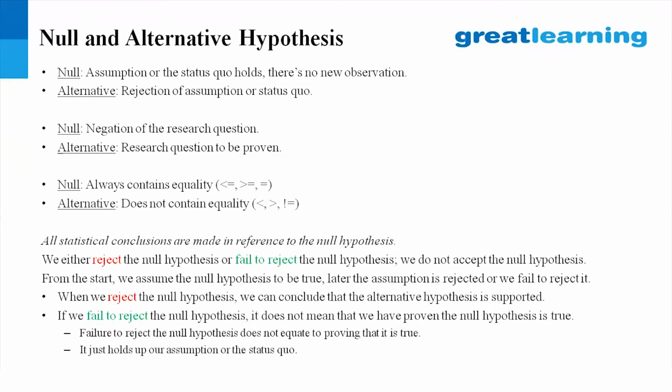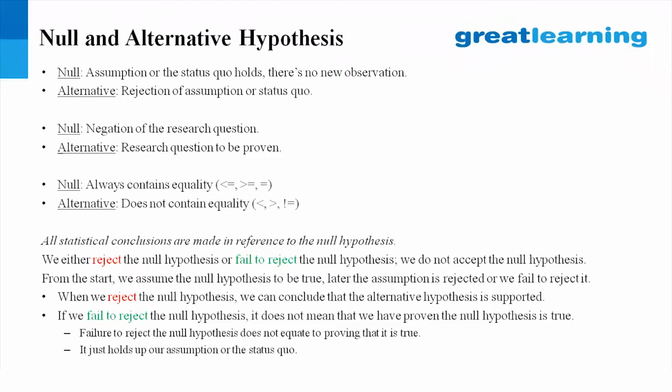And why do we say that we fail to reject the null hypothesis? When you say that you're failing to reject the null hypothesis, it does not mean that the null hypothesis is true. All it means is that our assumption or the status quo is being met.